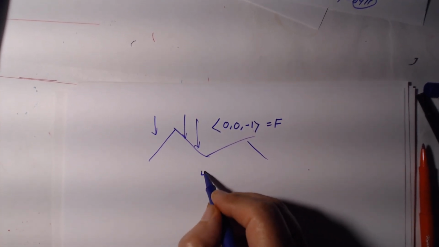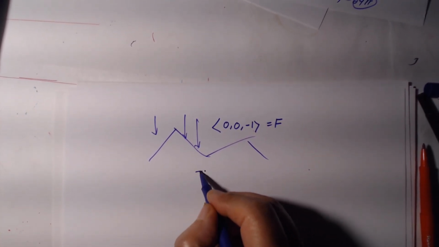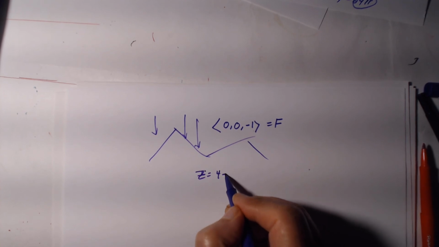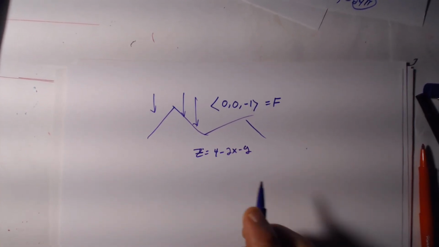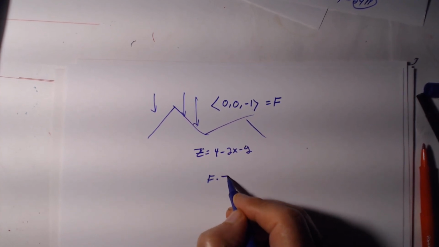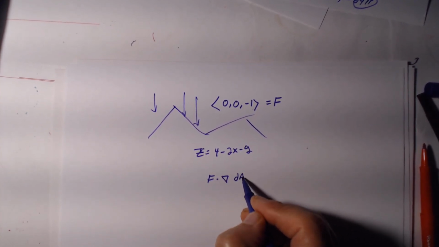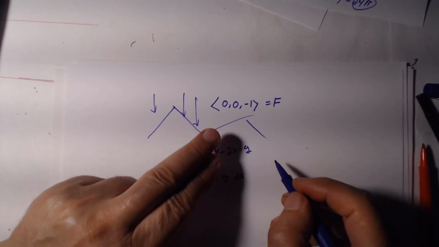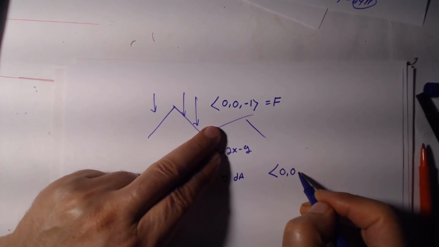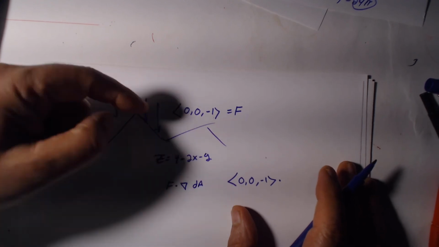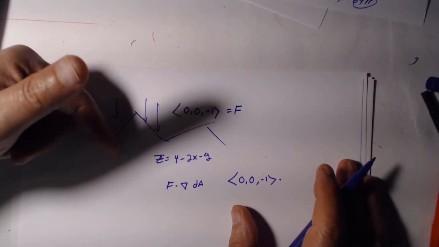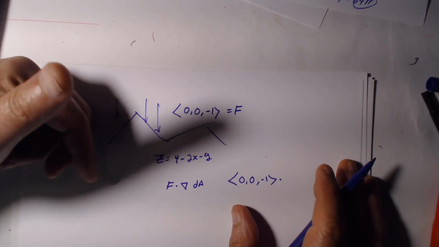But the roof has the shape of z equal to 4 minus 2x minus y, and it's F dotted with the gradient dA. My F is 0, 0, -1. My gradient is coming down.